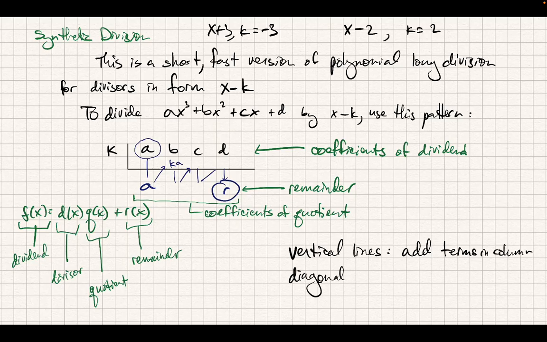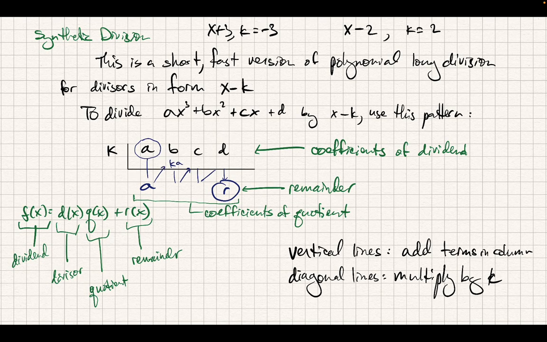So my first step was to bring A down. Then my first vertical line is whatever this is, I multiply it by my k.